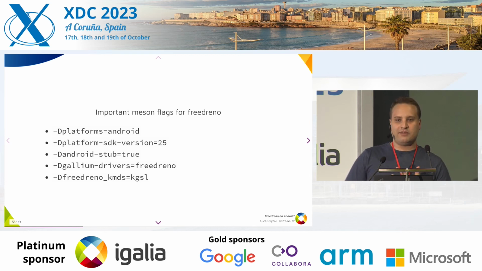There are Android stubs that you have to build just to deal with libraries that you don't necessarily have access to at build time. And of course, what drivers you want to target. In my case, Freedreno, and Freedreno also has this additional argument for the kernel backends you want to build. So for the work here, you want to target the KGSL kernel mode driver.